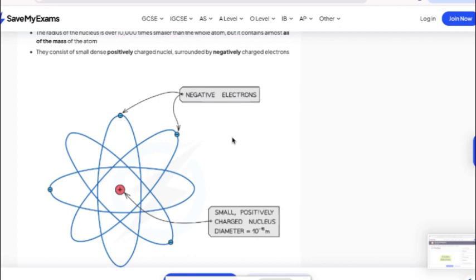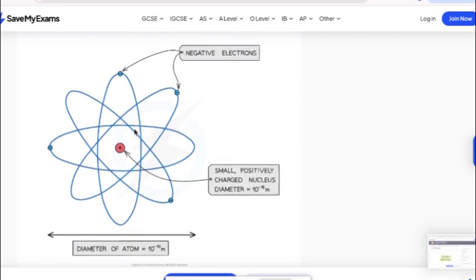Now we say the electrons are orbiting around the nucleus of the atom. The electrons are negatively charged. They're called negative electrons. They orbit around the nucleus in their different energy levels. This is how it looks in real life.